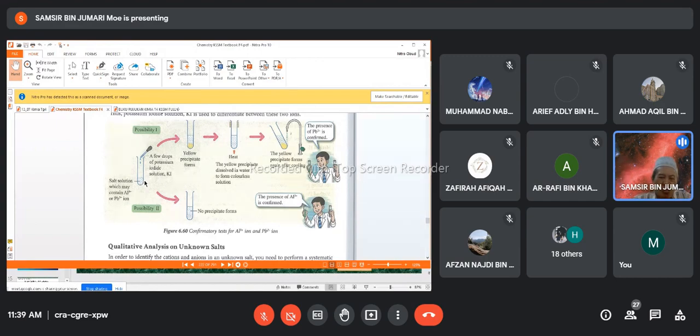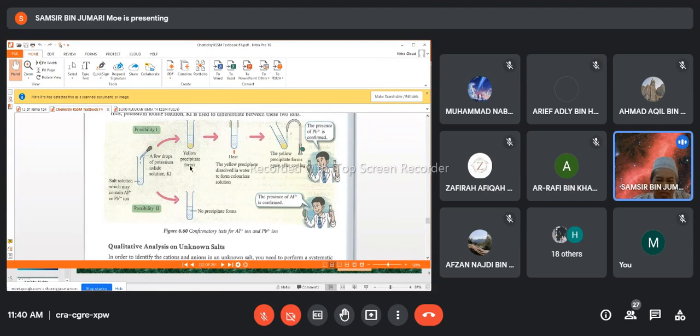Okay, so should be iodide has reacted with the lead 2 ion. If yellow precipitate form from the reactions, it means that iodide ion has reacted with the lead 2 ion. So we know that the solution consists of the lead 2 ion.